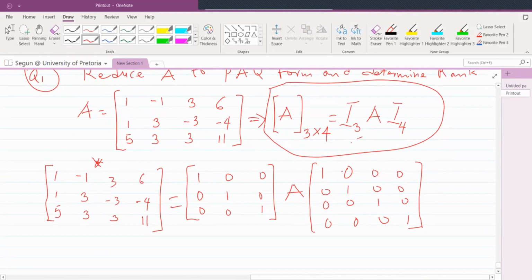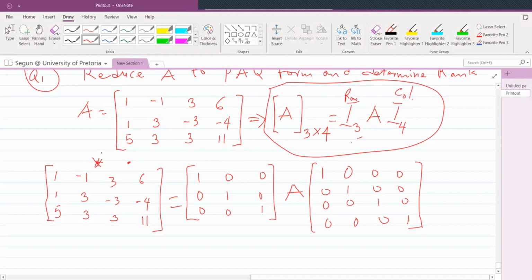Anytime you are performing any operation here, if you are performing row here, remember I just told you, I3 will take row operation. Just put it there for your own good. I4 will take column operation.